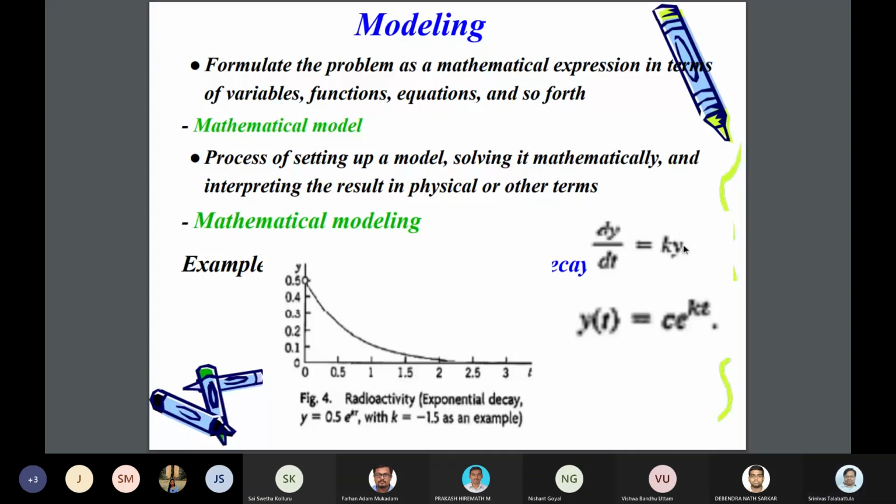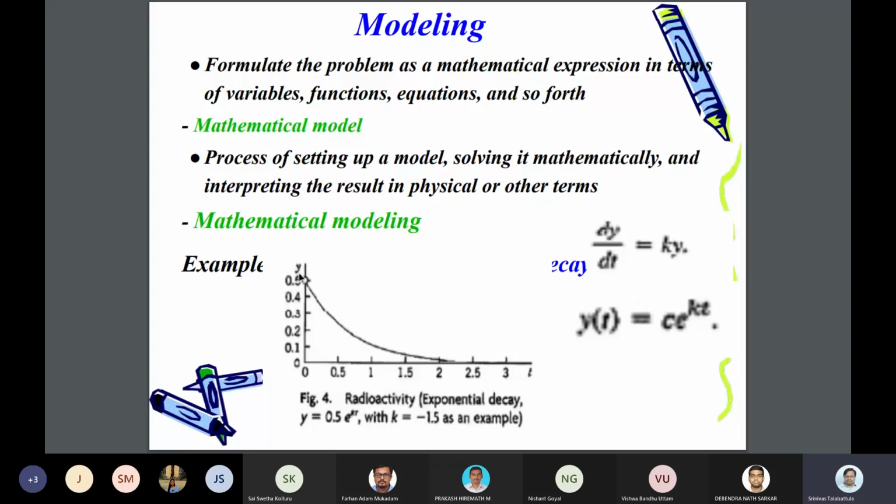Then you can say that this is exponential, because many times we work backwards. Suppose the solution is an exponential function, e power kt, then what is the derivative? You know that its derivative will be e power kt again with some constants in it. So you can say that an exponential variation, decay or rise, is given by a first order equation of this form.